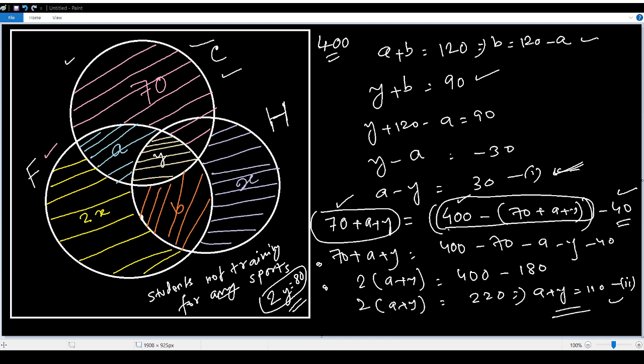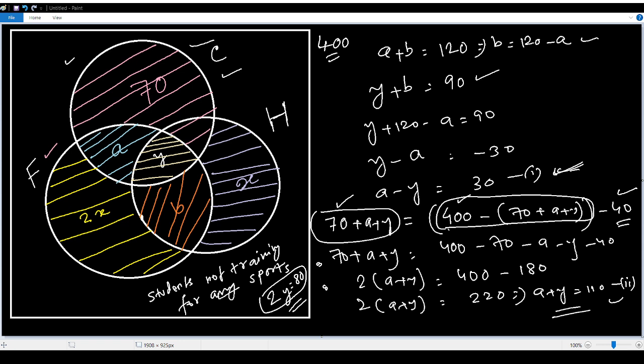Ishika, did you understand? Yes, sir. Okay, now from here we can get, what is C union F union H? From this circle, it will be very simple. So we have 70 plus we have A plus we have Y plus we have B, A, Y, B, we have X and we have 2X. This whole thing is amounting to 320.